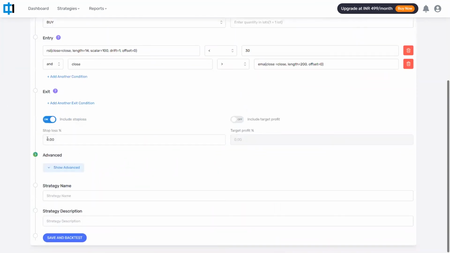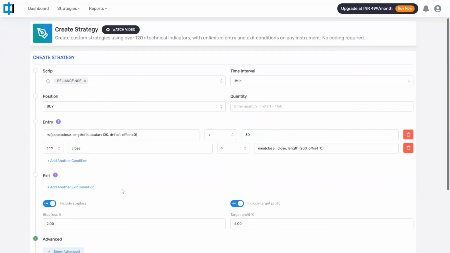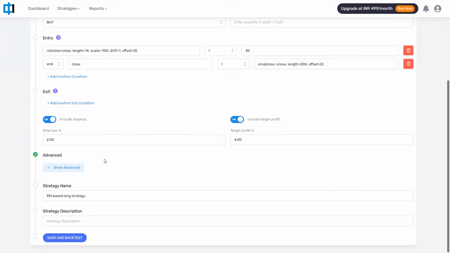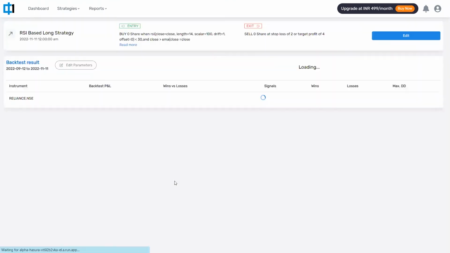I want to, let's say, do a 2 and 4, extremely simple, a very, very simple strategy. Again, I'm not sure if this will work or not. I'm just showing you guys how to build this.